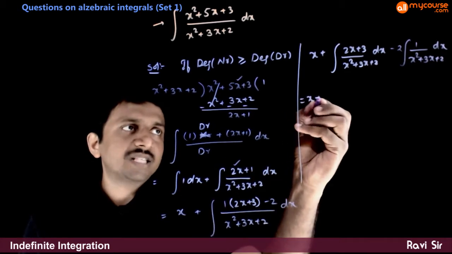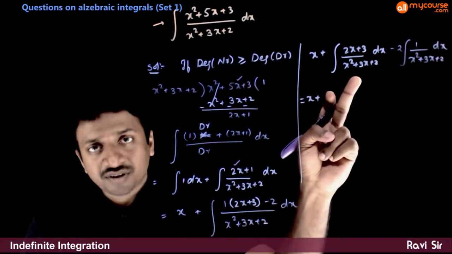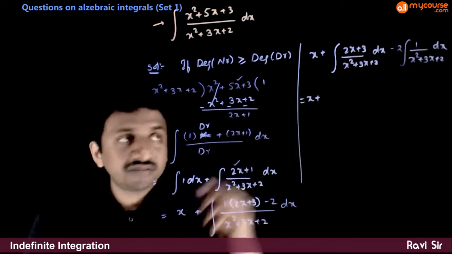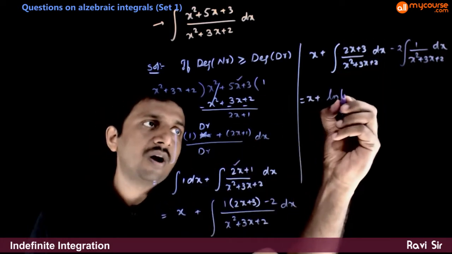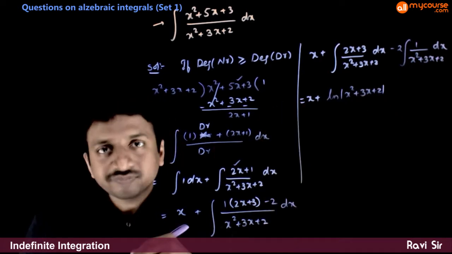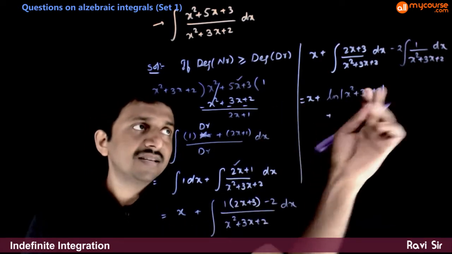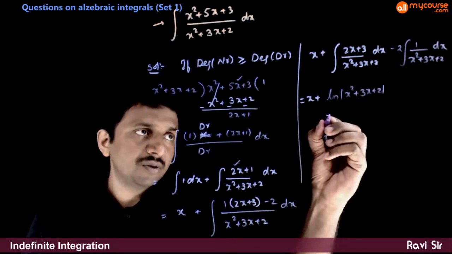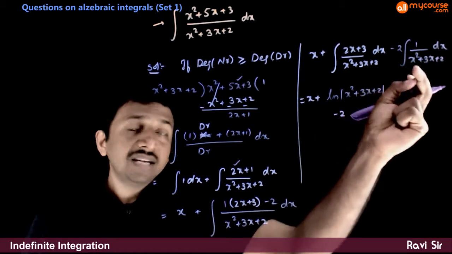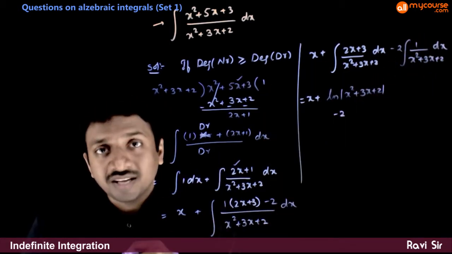So that is equal to x plus, this integration is again very straightforward because you have the differentiation by denominator. So the answer is log mod (x square plus 3x plus 2), plus this integration, minus 2 times the integration of 1 by (x square plus 3x plus 2).